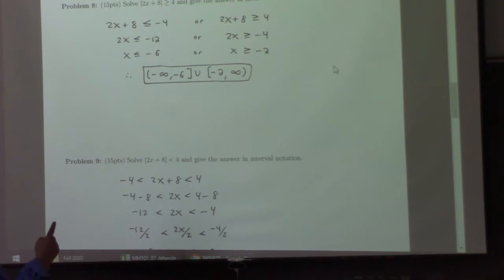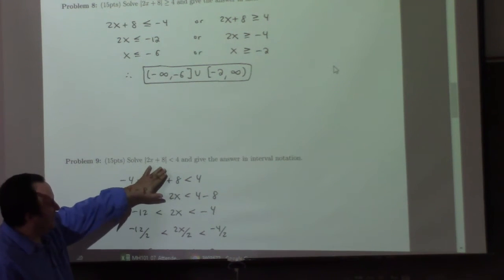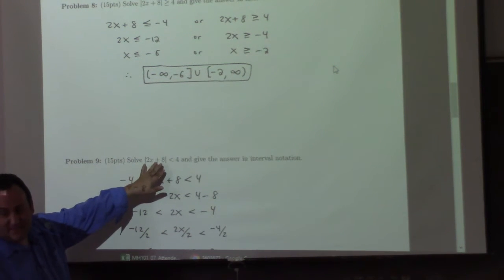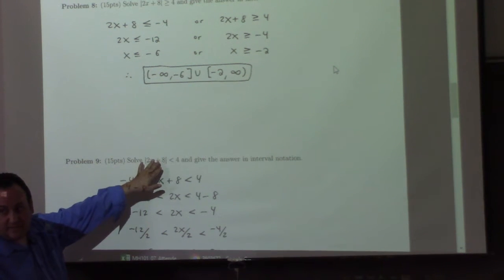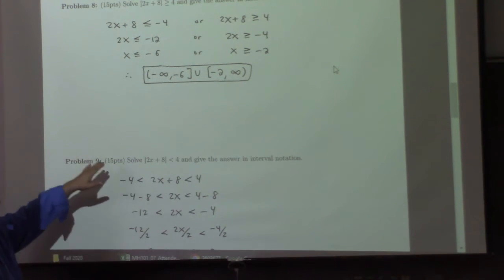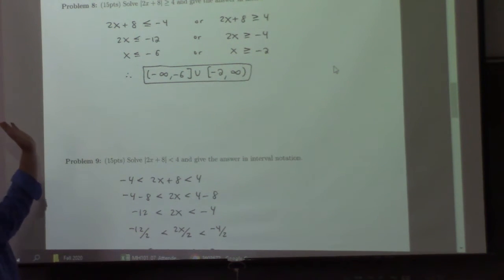So this one, you might have asked yourself the question, why did I ask the same question twice? Because it's different. Exactly. Less than and greater than, the way you treat these problems is quite different. For greater than, you have to look for less than minus 4 or greater than 4.